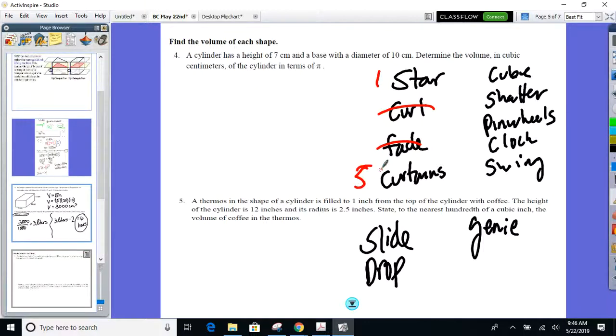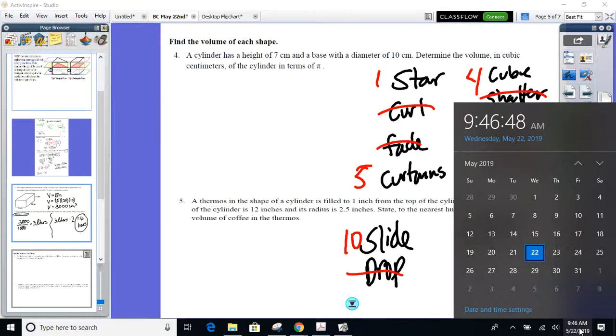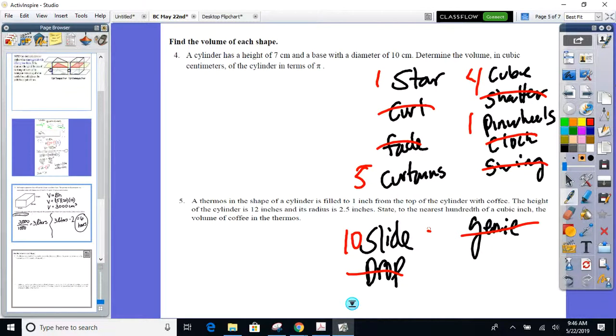Slides, I'll give you both. 1, 2, 3, 4, 5, 6, 7, 8, 9, 10. Drops. Cubes. Shatters. Pinwheel. Clock. Swing. Genie. Okay. Slide either way. Here we go. Or Promethean Man. How much? Got 10 seconds. Slide or Promethean Man. Here we go.